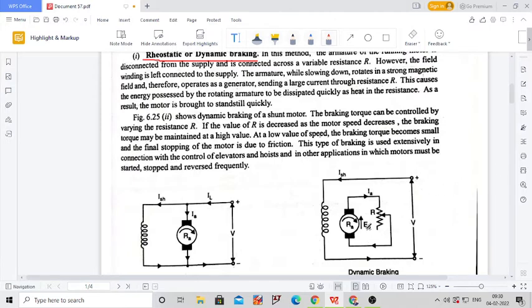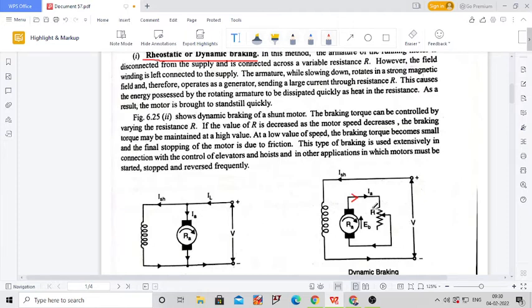As the current flows through the resistance, heat is formed, and the electrical energy is dissipated as heat. As a result, the motor is brought to a standstill quickly.